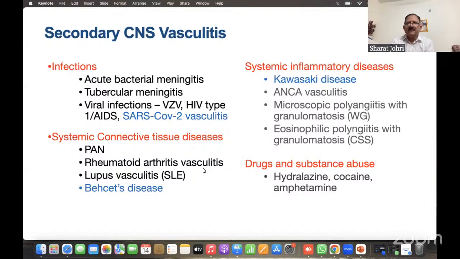Systemic inflammatory diseases like Kawasaki disease, ANCA vasculitis, microscopic polyangiitis, Wegener's granulomatosis, or Churg-Strauss disease can also affect the brain secondarily and cause brain vasculitis. And certain drugs like hydralazine, cocaine, amphetamine can cause drug-induced vasculitis also.